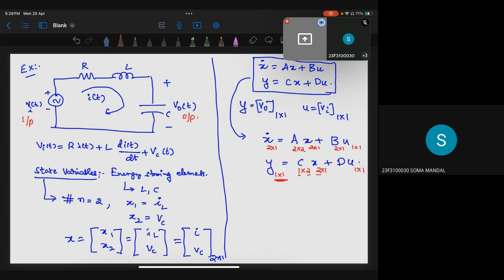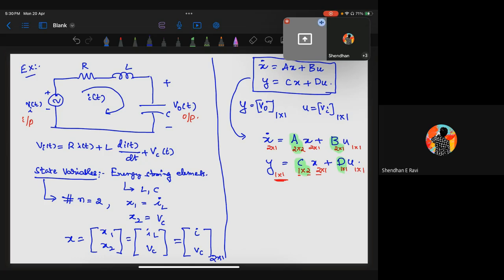So what is here? 1 into 1. So now you can see that A we need to get 2 by 2, B we should get 2 by 1, C we should get 1 by 2, D we should get 1 by 1. Correct? So that's the major thing. Is it clear? Any doubt?